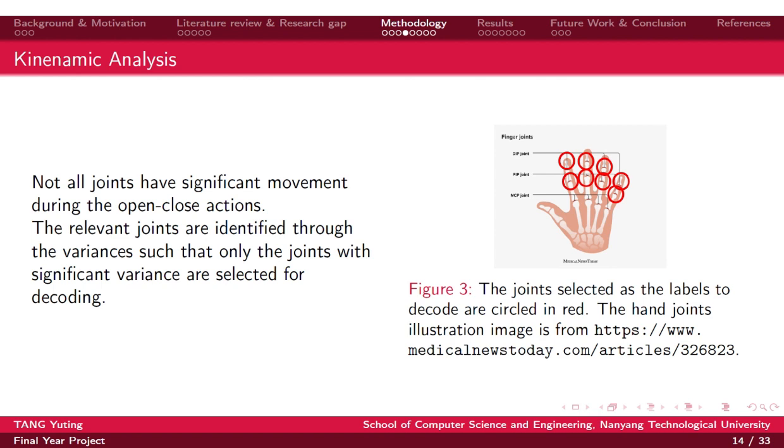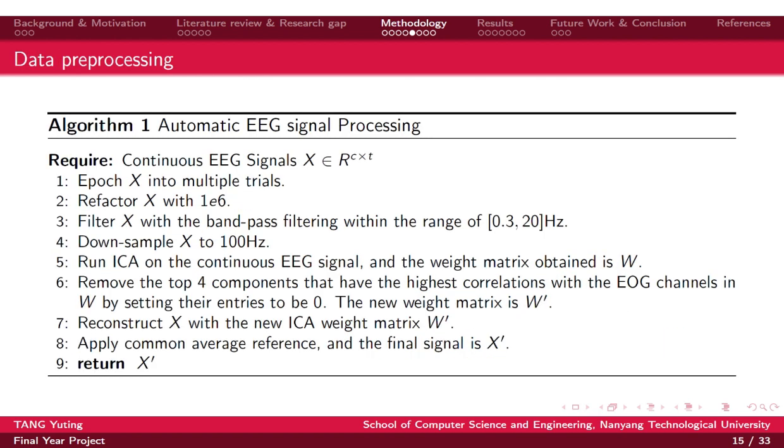Figure 3 highlights the joints selected as the labels to decode, and they are circled in red. So in other words, there are 8 joints to decode. Algorithm 1 summarizes the main steps of data preprocessing, like epoching, refactoring, filtering, downsampling, and ICA for ocular artifact removal, then followed by the common average reference.